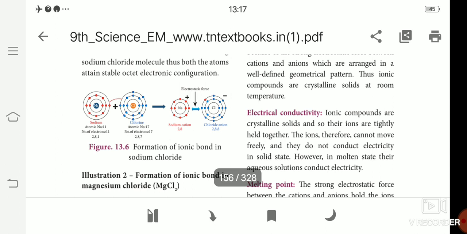The next one follows the same method of ionic bond formation: magnesium chloride.